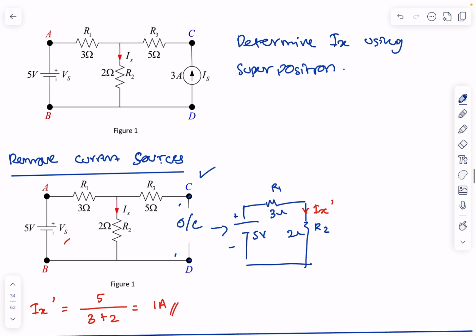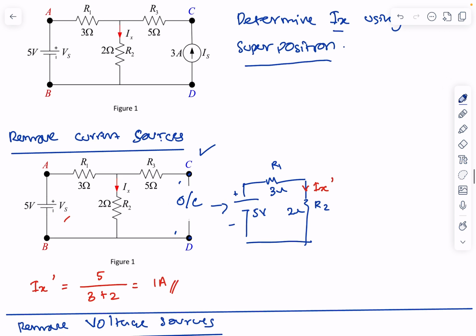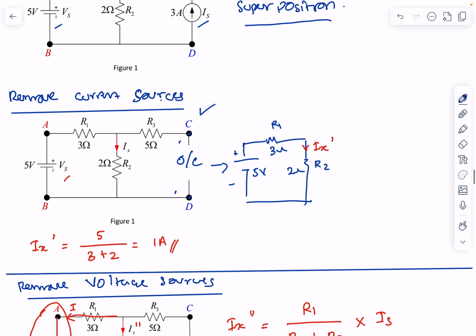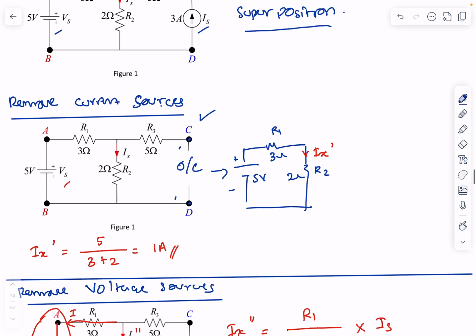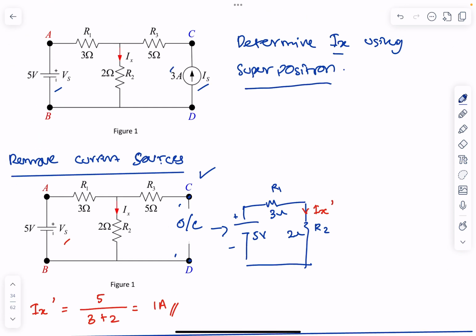In this example, you need to find Ix using superposition. Since you have two energy sources, a current source and a voltage source, let's first remove the current source. Originally at terminals C and D, you have a current source.